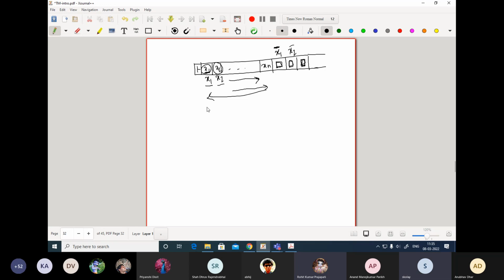Now in one pass, you come back to the left-hand marker. If you have a symbol with an underline, you replace it by a non-underlined version of it. If you have a symbol with an overline, you replace it with a non-overlined version of it. Then at the end of it, you will have the left-hand marker followed by X, X, and then all the blank symbols.